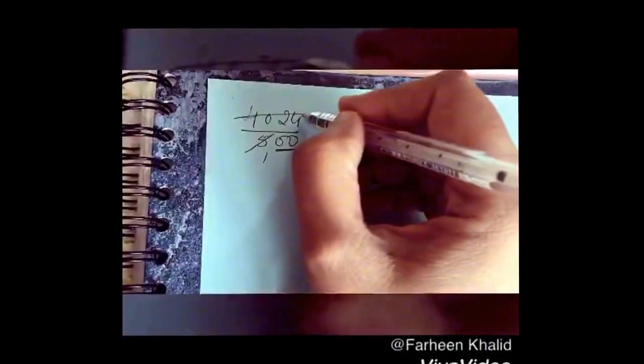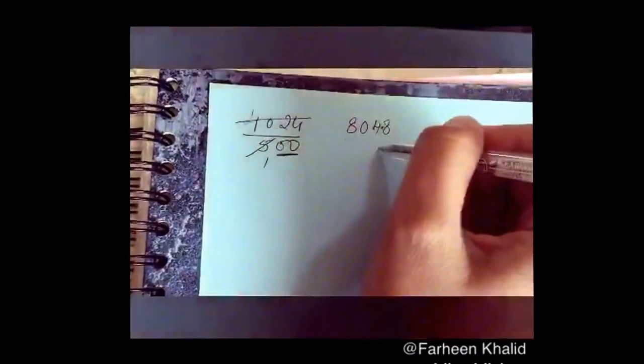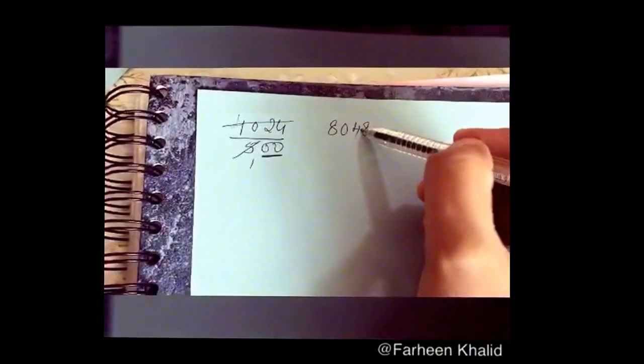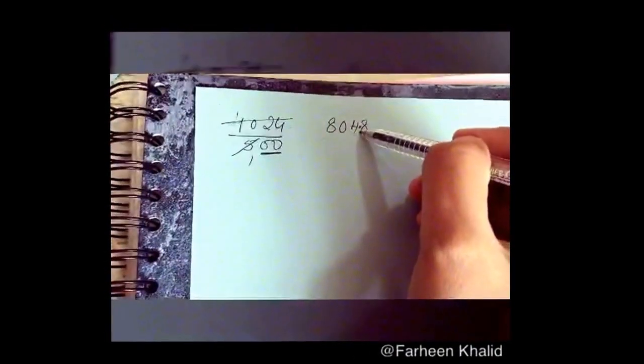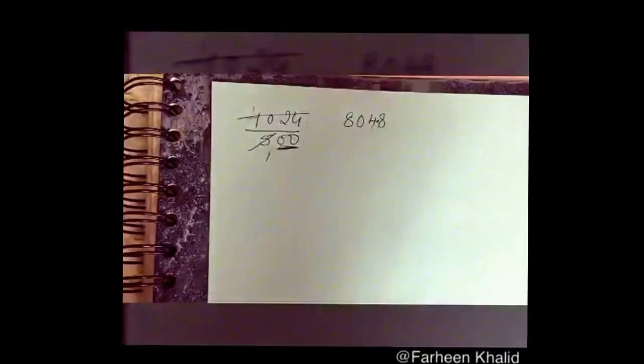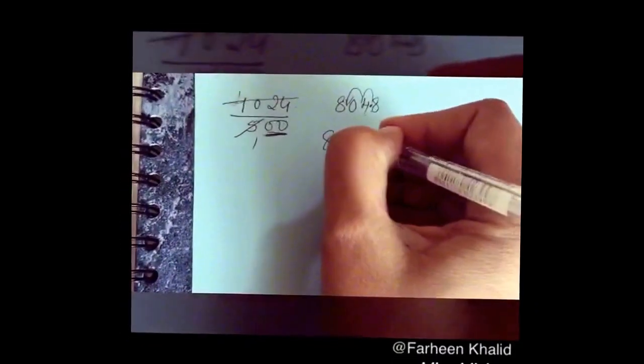So it's 5 times 8 is 40, then you put a 5 times 0 is 0, then you have a 24, so it's 5 times 4 is 20, then you put a point, and then you get 5 times 8 is 40. But we still have 2 zeros here in the denominator, so we need to move the point 2 spaces behind.